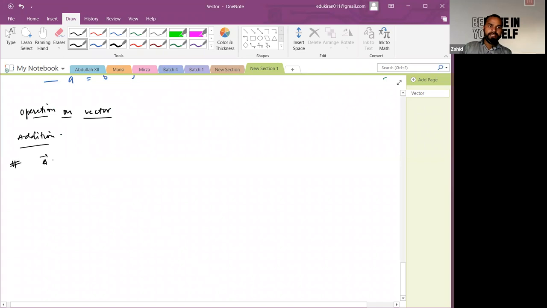Let A equal Ax i cap, Ay j cap, and Az k cap. Similarly, another vector B, which has components Bx i cap, By j cap, and Bz k cap.